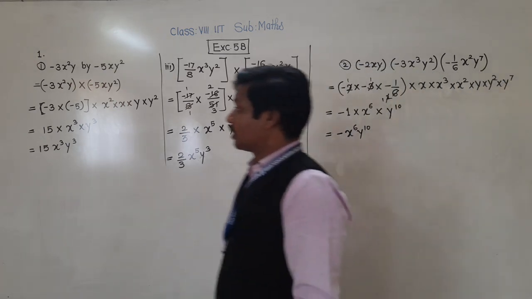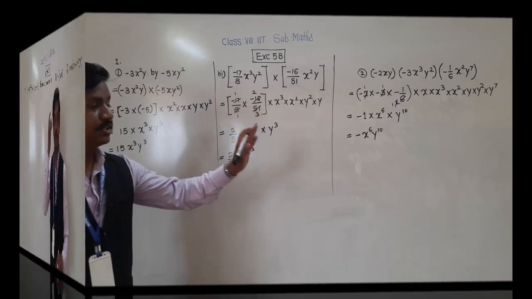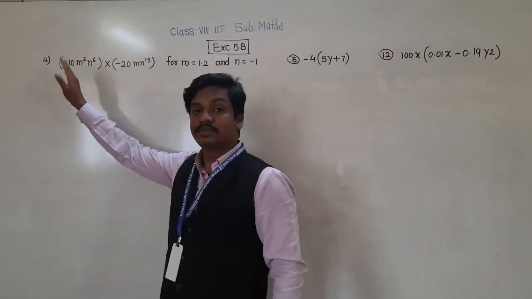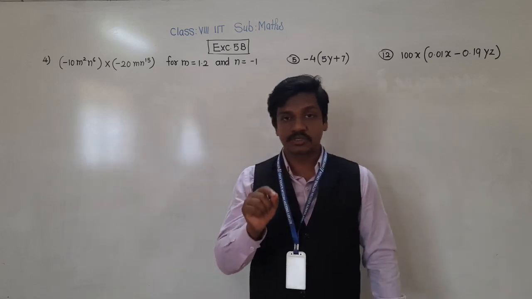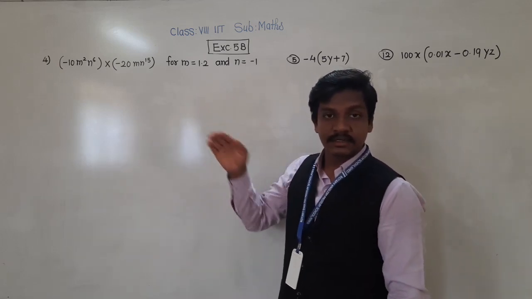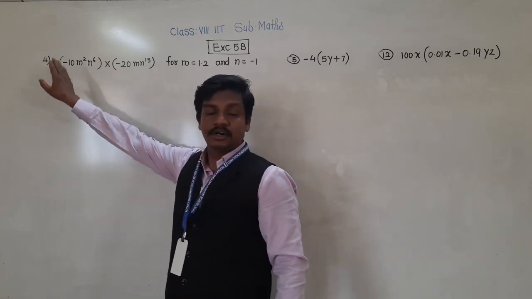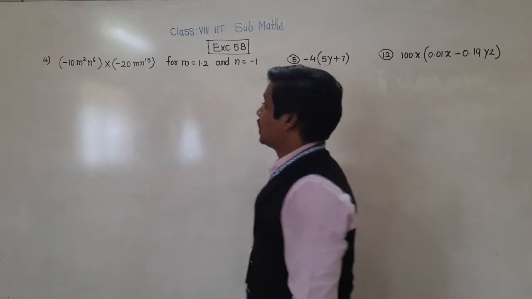Understood? Now pause this video, write these 3 examples in your notebook. Let us see the next example. Example number 4. Third one you have to solve. Remember students, the examples which I am not taking here, you have to do by yourself. Okay? See, question number 4.